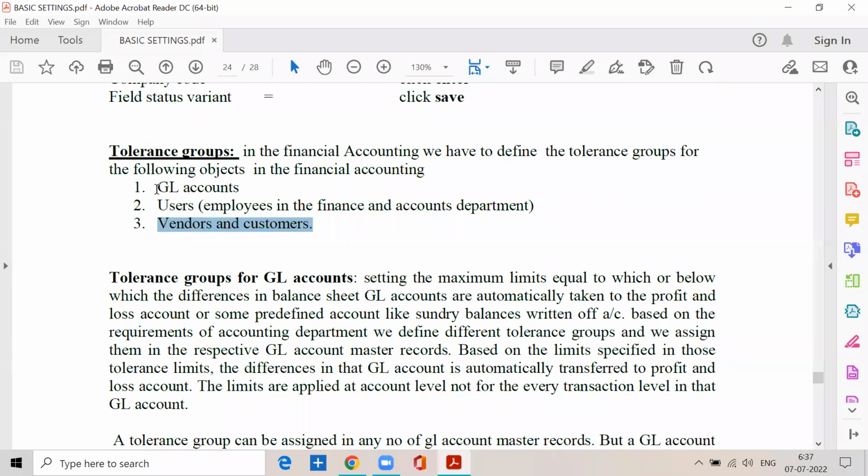First, tolerance groups for GL accounts. What does it mean?